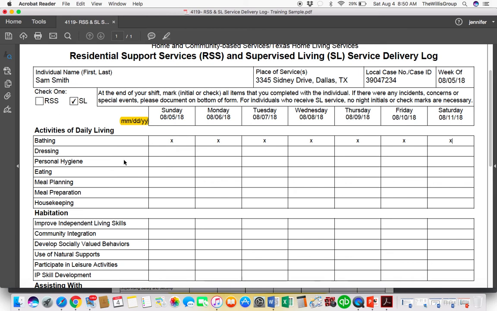So check, check, check, if the individual needs assistance with bathing, dressing, personal hygiene, if this is a person who can't feed his or herself, can't plan their own meals, cannot prep their own meals or complete housekeeping. They can't clean their own room, their own personal space.